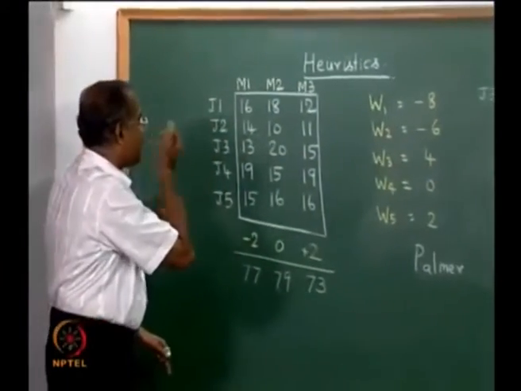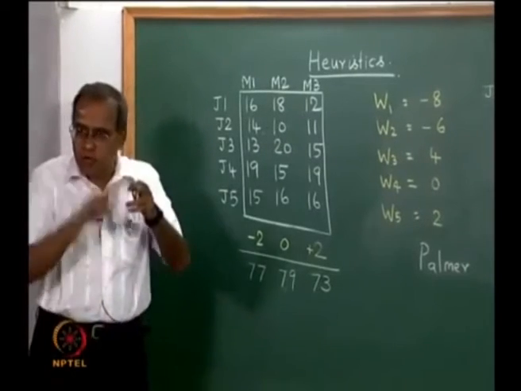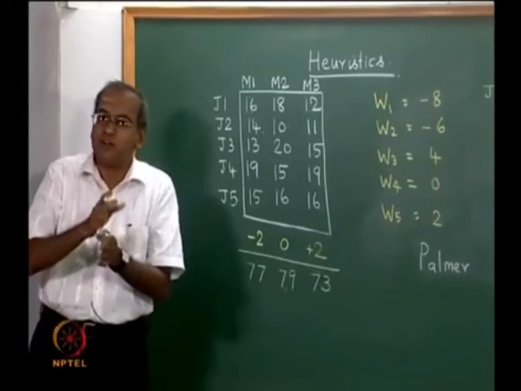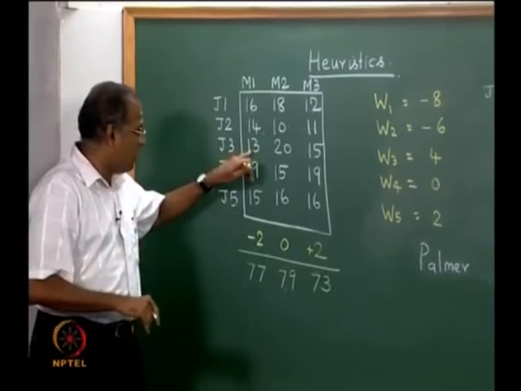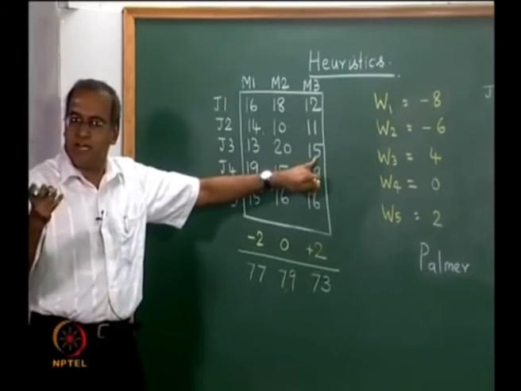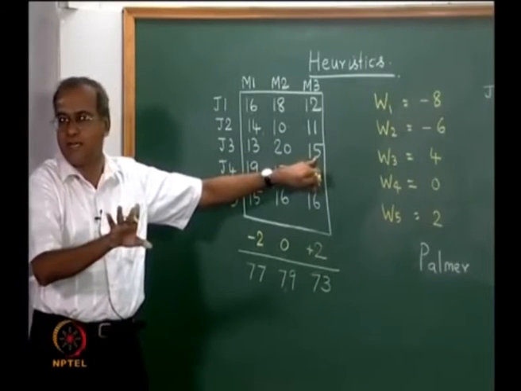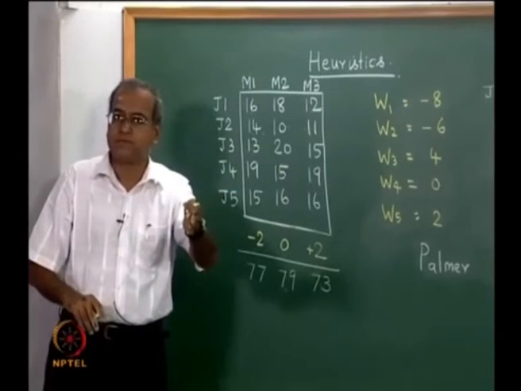Another job which has a higher value on M1 and a lower value on M3 will have a lower value of the index and therefore figure later in the sequence. J3, which has a lower value on M1 and higher value on M3, will have a value greater than 0 and a higher value of the index, and therefore will figure early in the sequence.